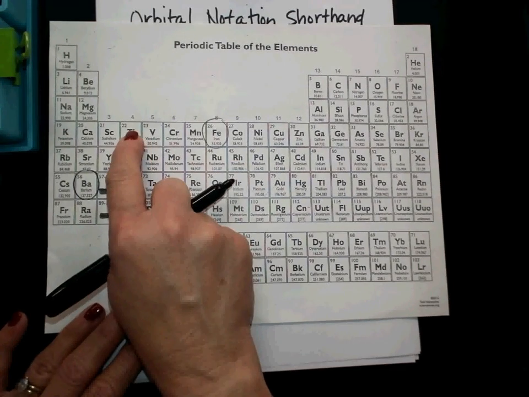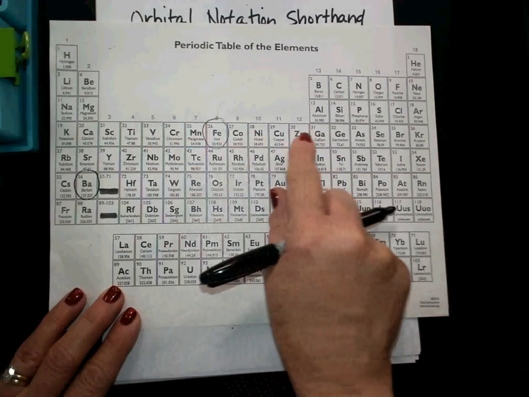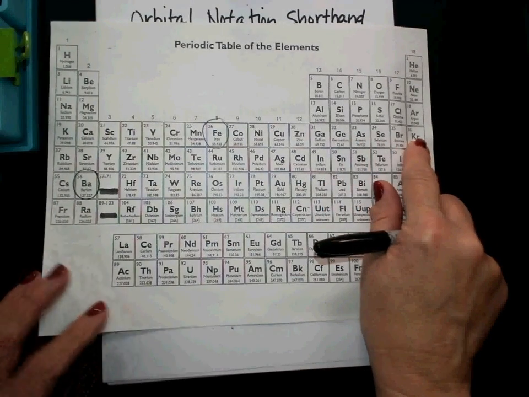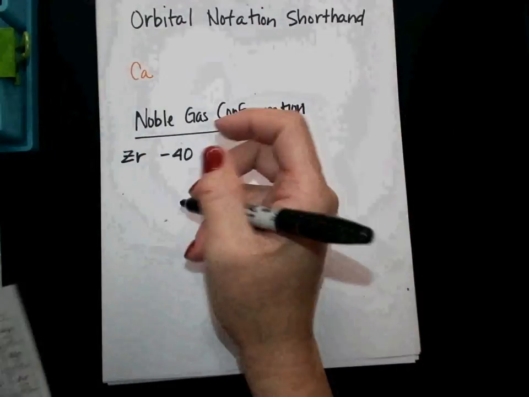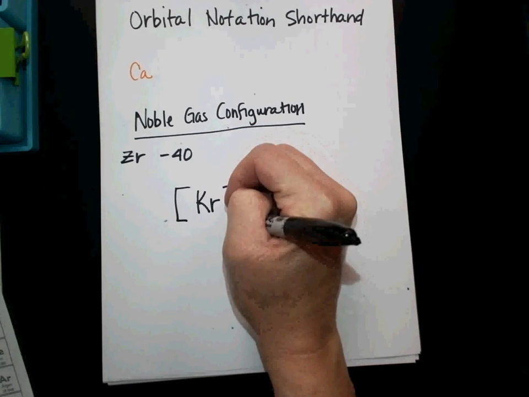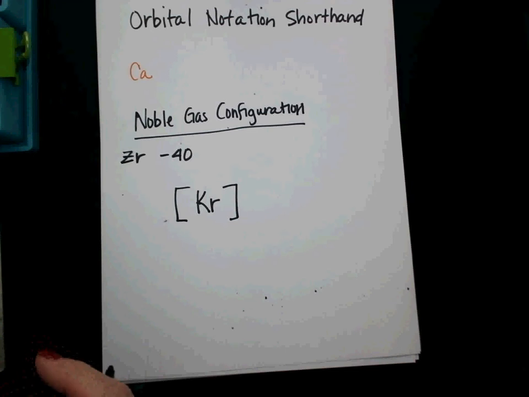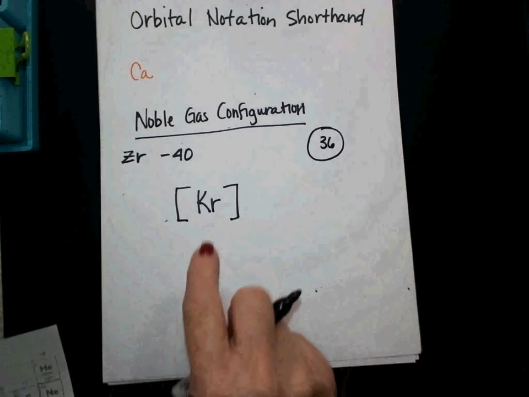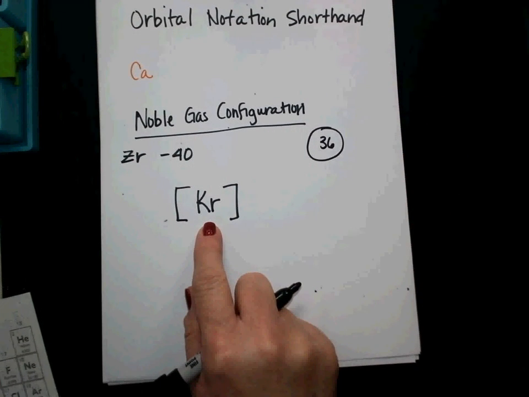It is right here. When I do noble gas configuration, I find my element, I hop up a row, and I slide down to my noble gas, which would be krypton. I take that and I put it in brackets, Kr. And then I ask, how many electrons does krypton have? 36.